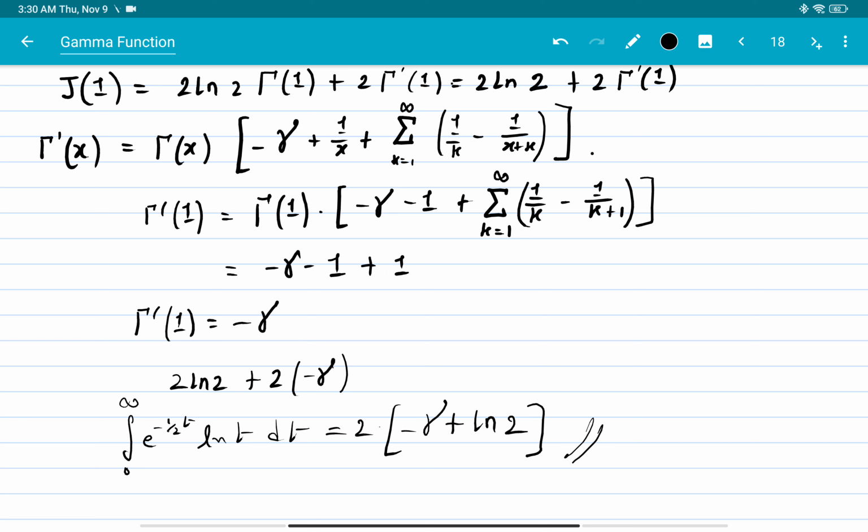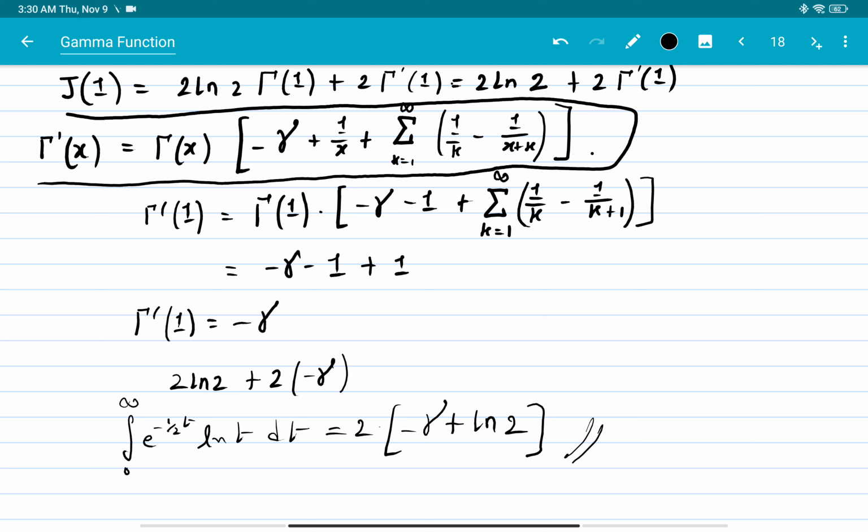So don't worry, while dealing with such problems, sometimes it will be provided to you, or maybe you could derive it.